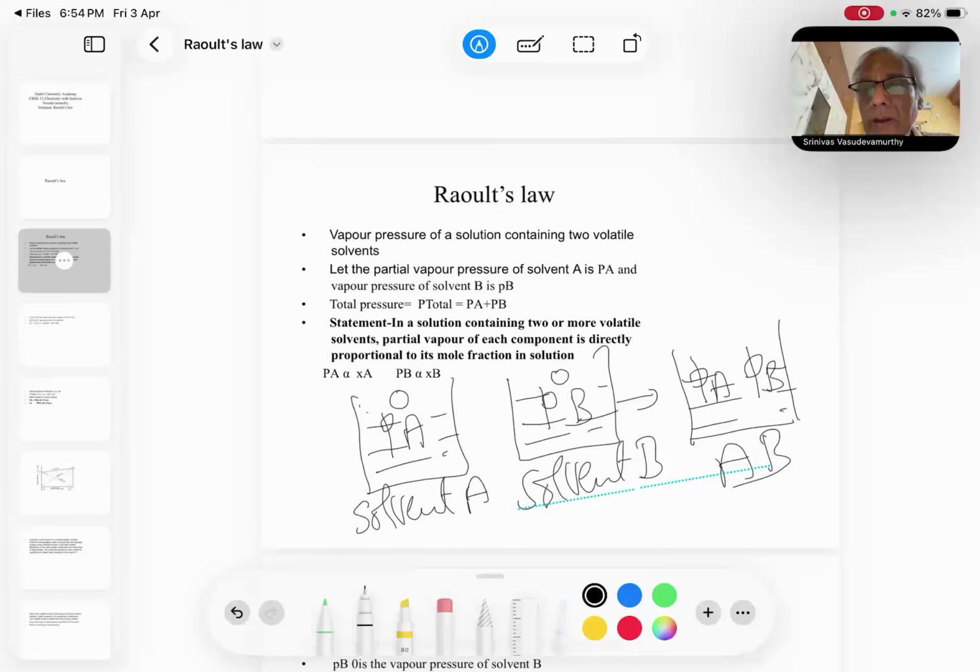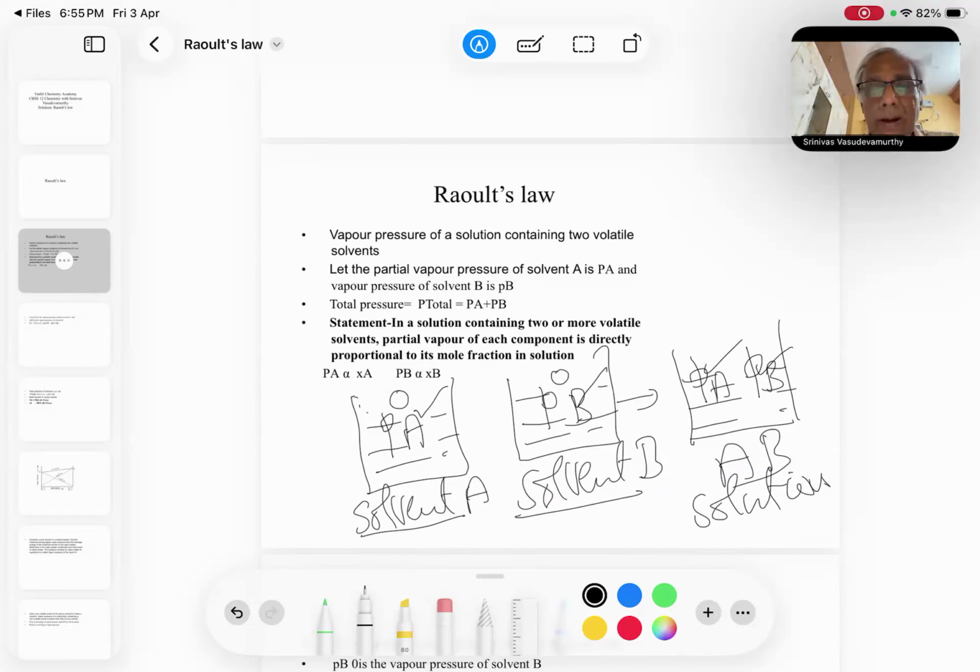By mixing two volatile solvents A and B, the vapor pressure of pure solvent A is P naught A, pure solvent B is P naught B, and in the solution AB, the vapor pressure of solvent A is PA and of solvent B is PB.